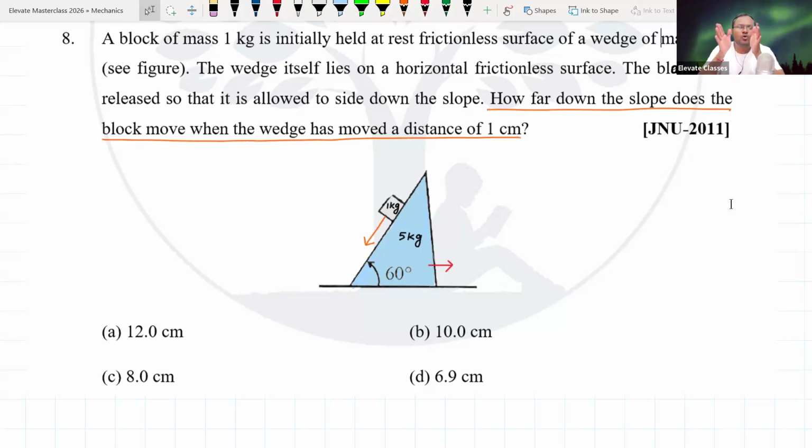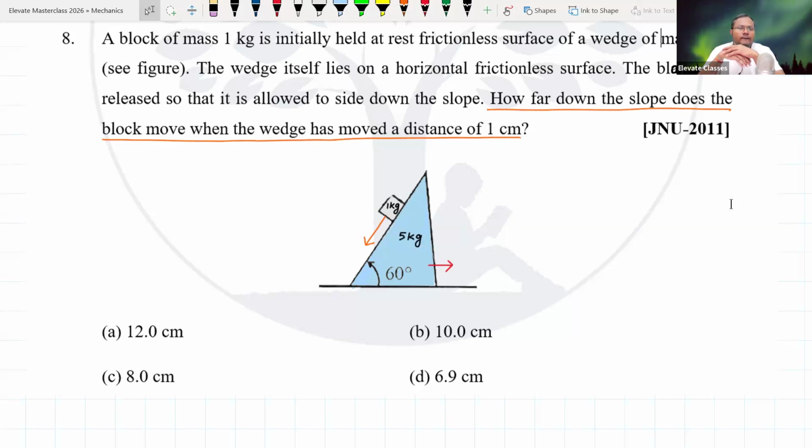You have to have a fixed coordinate system that is common for both the block and the wedge. So you are choosing the origin of the coordinate system to coincide with the center of mass of the wedge, but not the block.